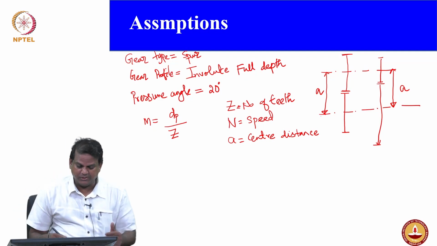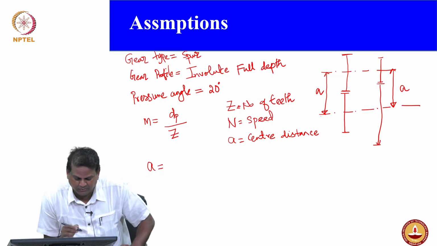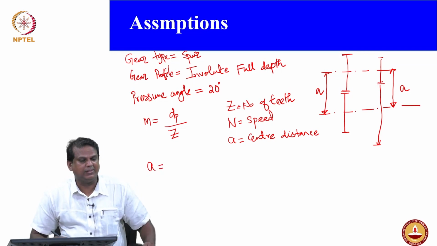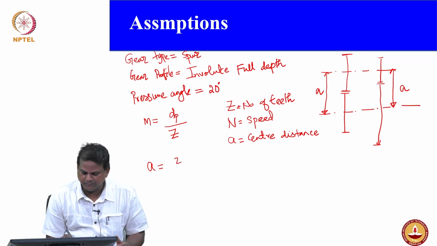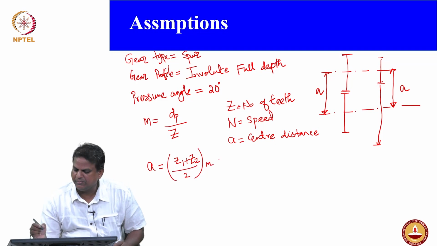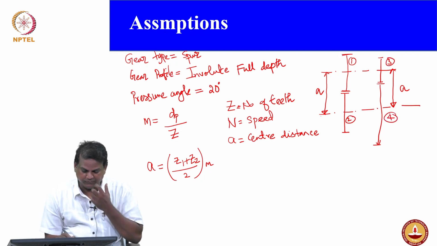Usually the center distance A is equal to (Z1 plus Z2) by 2 into module. Assuming this is gear 1, gear 2, this is gear 3 and this is gear 4, this is for A1.